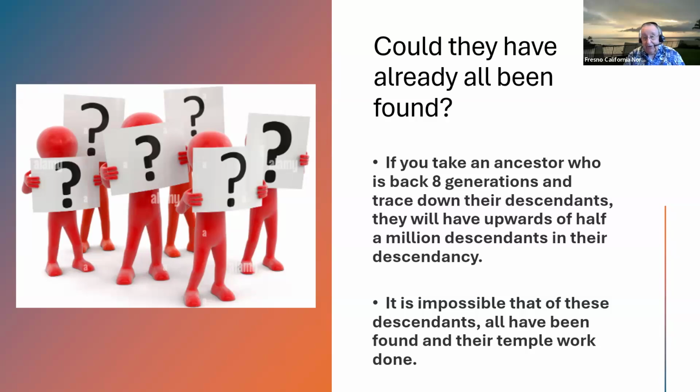But quite frankly, if you're doing ancestors only, it's possible that you're pretty close to that and you can't find many more people. But if you take an ancestor that's, say, 8 generations back, a 6th great-grandfather or grandmother, and you look at their descendants, you're probably going to see approximately 500,000 or so, more or less, descendants for that couple.